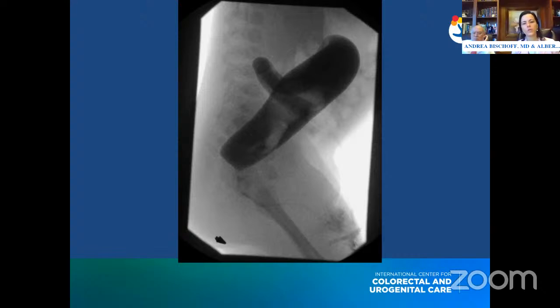Rectoperineal, no fistula, bulbar, prostatic, or bladder neck? Everybody can vote. Wow, we have everything: rectoperineal, no fistula, bulbar, prostatic, and bladder neck. The majority are right, prostatic.